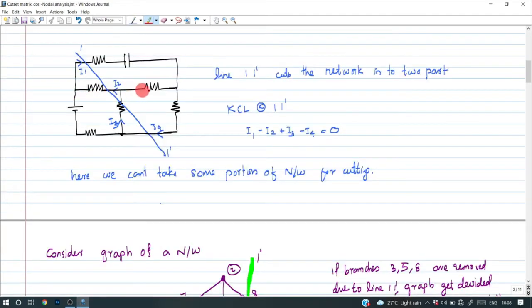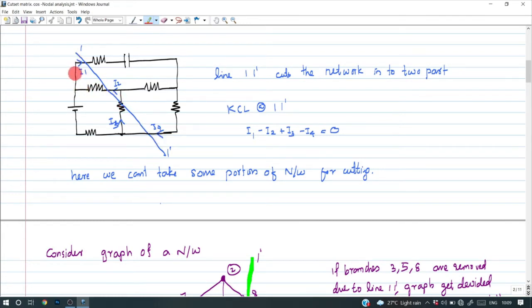The same thing we can see from the network also. Here we can cut the network into two parts by drawing a line 1, 1 dash. In this line 1, 1 dash, several branches intersect. Now if we sum these branch currents, the value will be 0. That is, KCL at this cut set 1, 1 dash is 0.